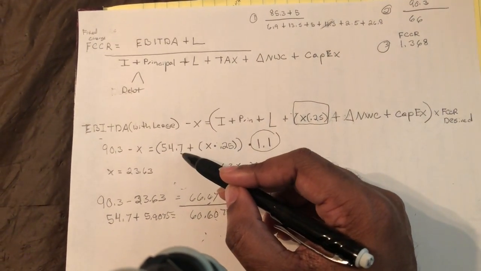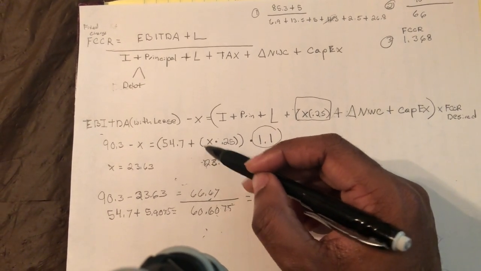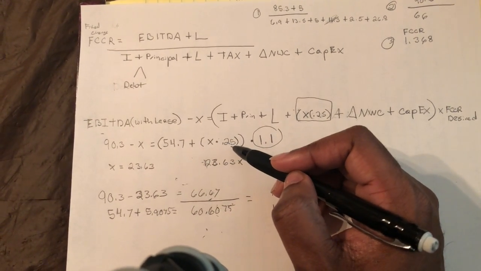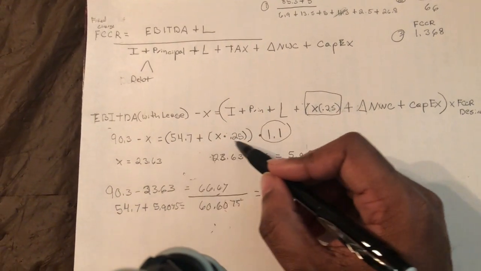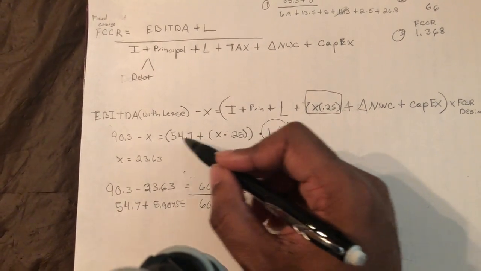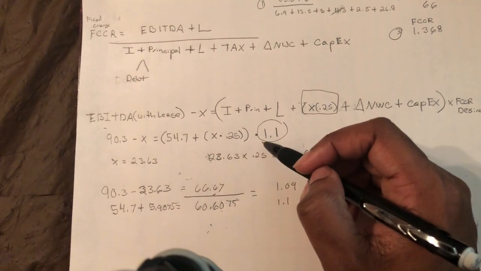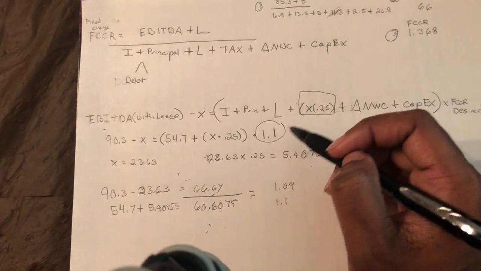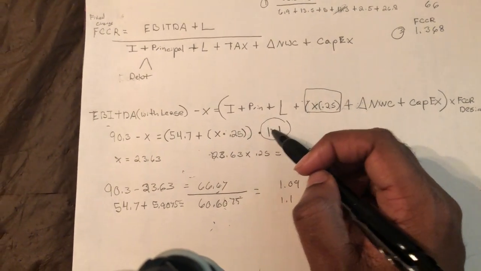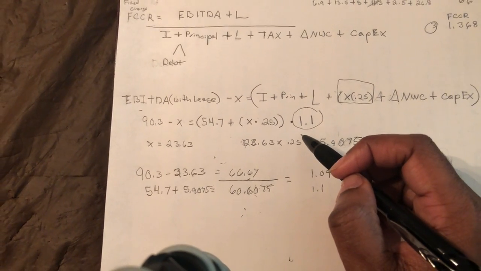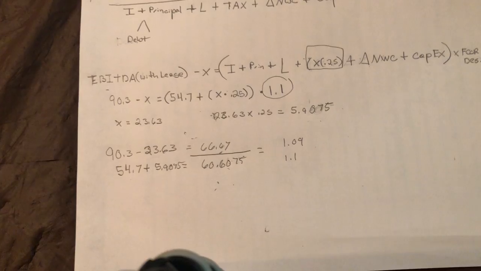So that gives me 54.7 plus this variable, which I've enclosed, X times 25%, close that off. Then I'm multiplying this entire bottom denominator by 1.1, because that's the fixed coverage ratio that I want, right?